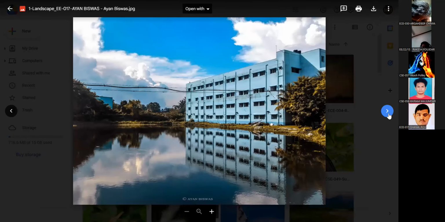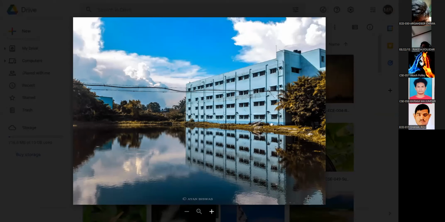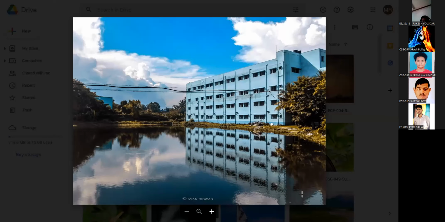Ayan Bishas. Next one is Ayan Bishas's picture. Yes, sir. Okay, this is called a mirror image picture, and a little bit is cut in this mirror image. So fine. It could be better if you moved a little away from this, or if you put your mobile a little lower so that you can get a nice image.